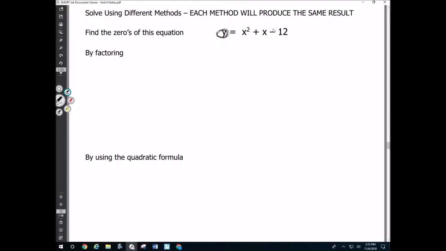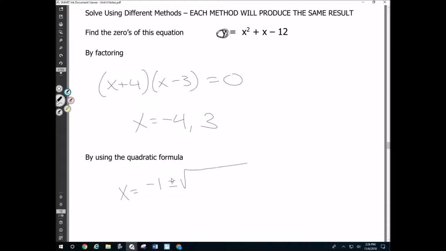If you're asked to find the zeros of this equation, you could factor. It is very easy to factor this and find the solutions. My recommendation for you guys is to always attempt to factor first. If for some reason you can't figure out the numbers, you can't factor, use the quadratic formula.